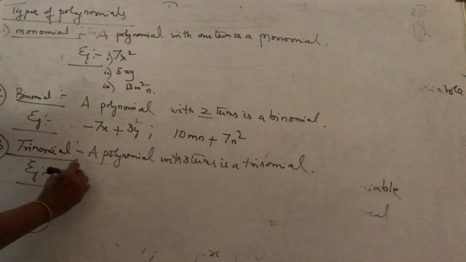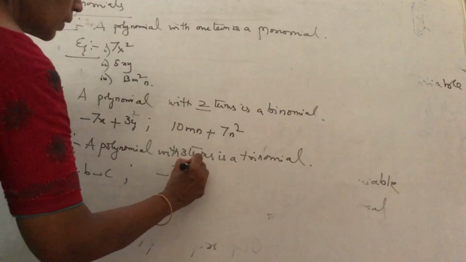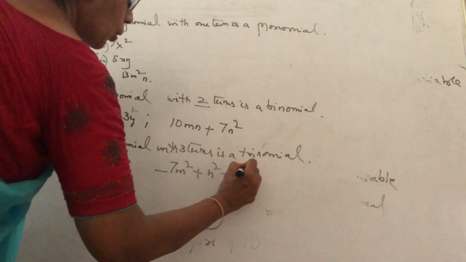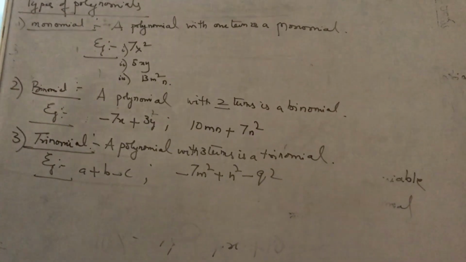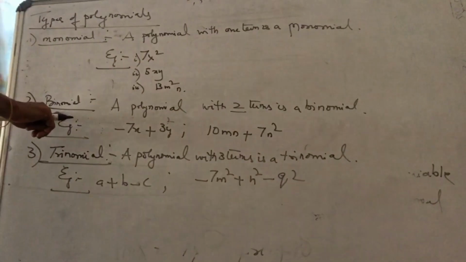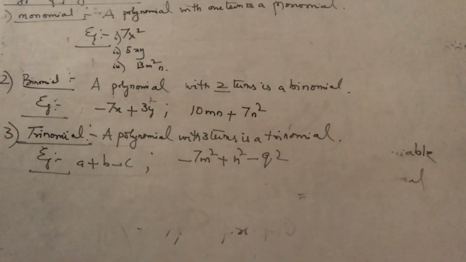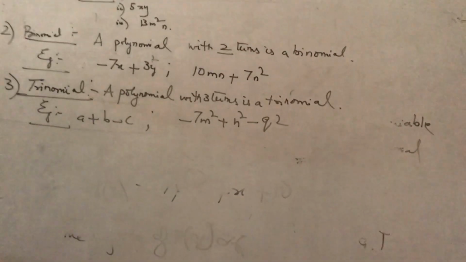Example: a plus b minus c, minus 7m squared plus n squared minus q squared. How many terms? Three terms. Monomial, binomial, trinomial.